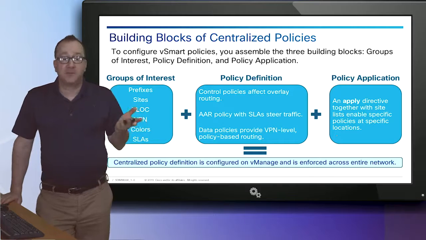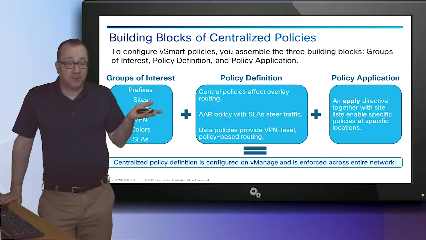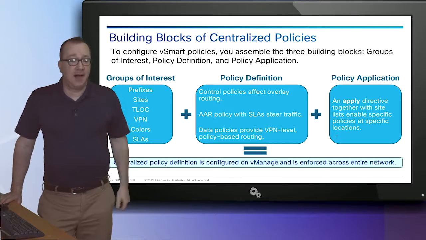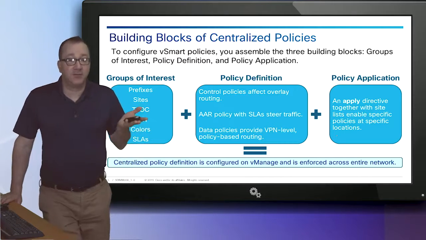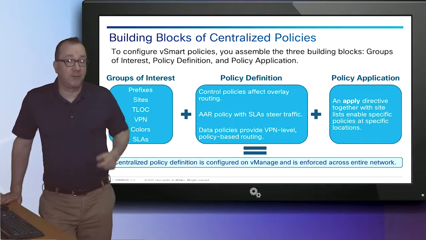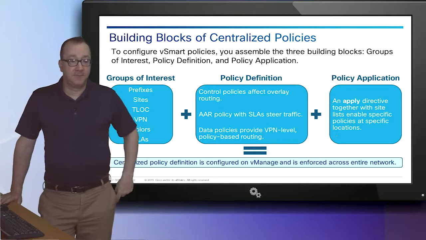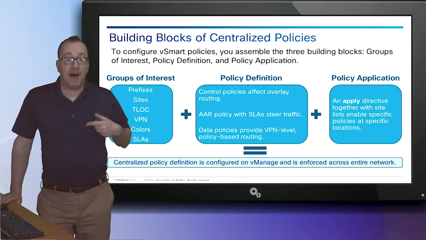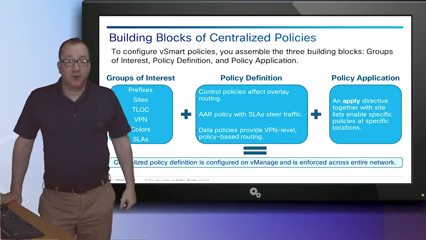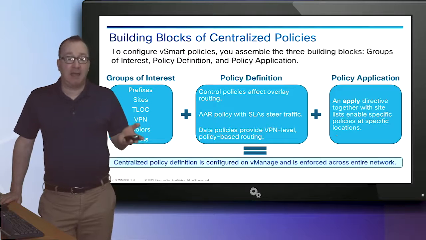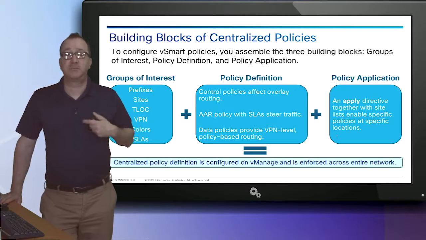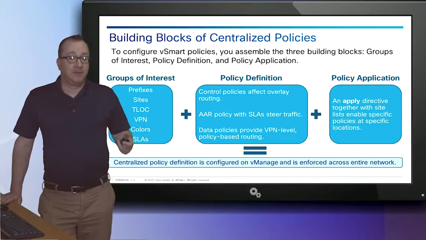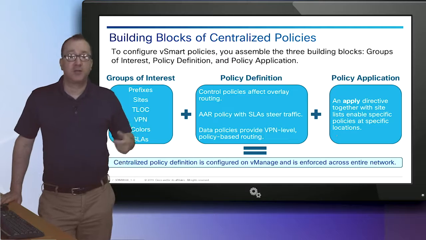We're going to define our groups by adding members and referencing those groups when we build the policies. Policy definitions are our next step. Those define what we're going to do with the traffic we defined previously. We can have policy definitions that control aspects of control and forwarding: control policy for the routing plane or control information; application-aware policy, so if you have specific types of traffic, we can route it in different directions; or data policies, about who can talk to who.